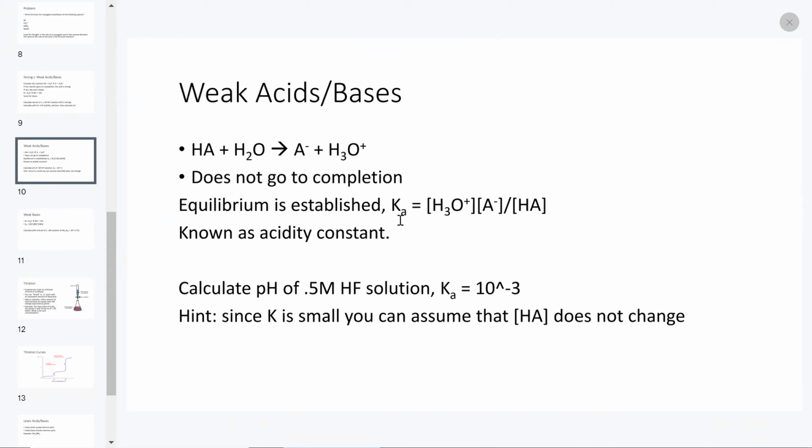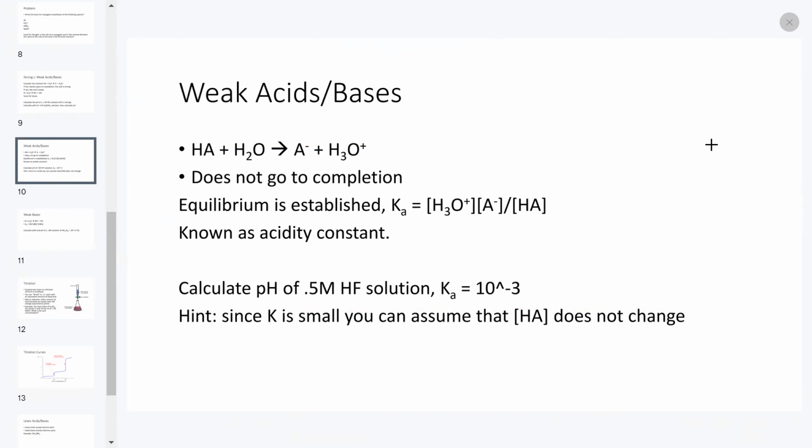the acid dissociation constant. So you can just call it the acidity constant if you want. And Ka, of course, equals the concentration of H plus times the concentration of A minus divided by the concentration of HA.